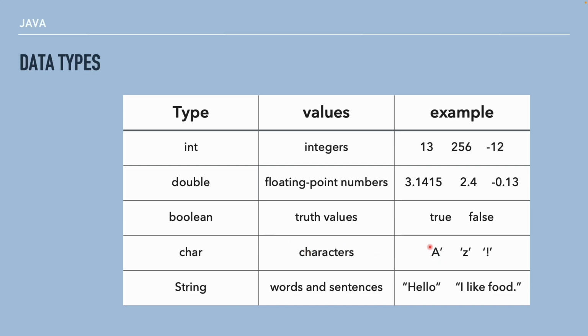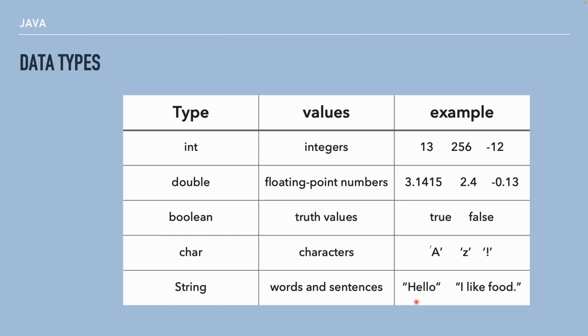This could be letters, lowercase letters, special characters as well. Those all work. So these are all character types. And then we have strings, which are a collection of characters. So these are your words and sentences. You have spaces in there, spaces are characters as well. And this is a string.